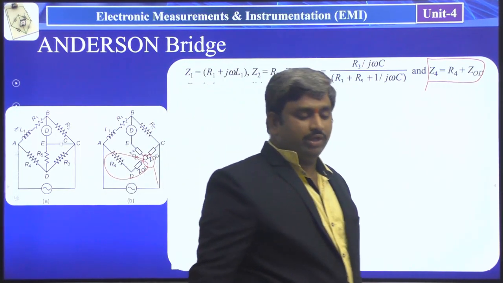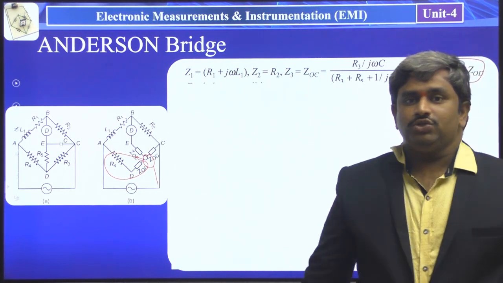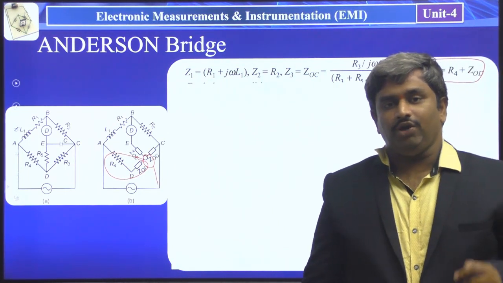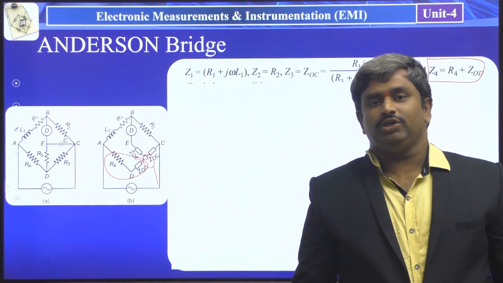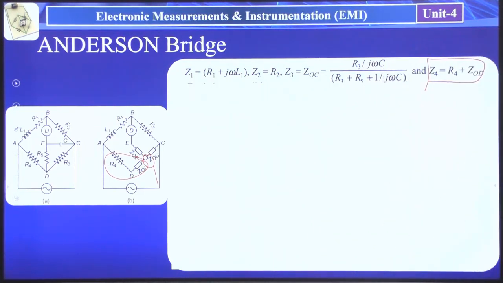Now we have to write down the bridge balancing condition. So we know the bridge balancing condition. Write down, all of you, the bridge balancing condition, right. That is Z1 Z3 is equal to Z2 Z4.